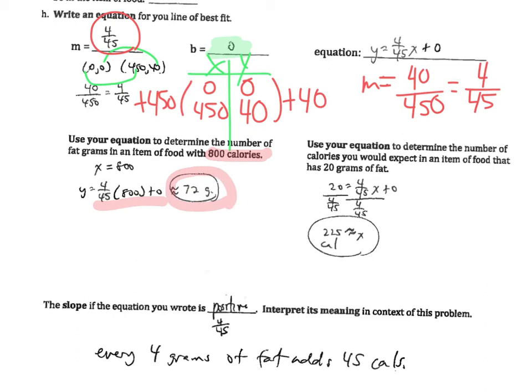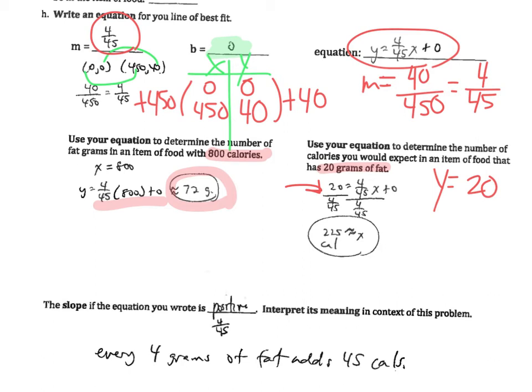Now, in the next one, you're told that the item of food has 20 grams of fat. That's the y. So you're being told that y equals 20, which is why 20 goes in for y in the equation. You're using the same equation that we found above, and you are substituting the appropriate value for the appropriate variable. So 20 goes in for y in this case, and you solve for x.